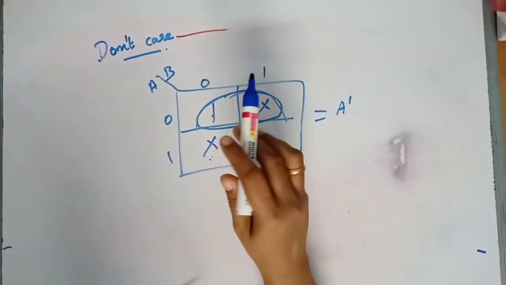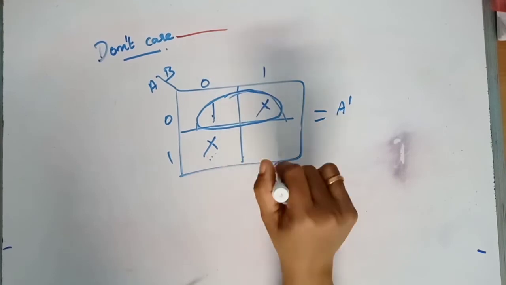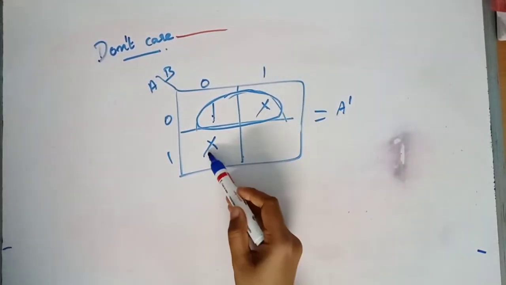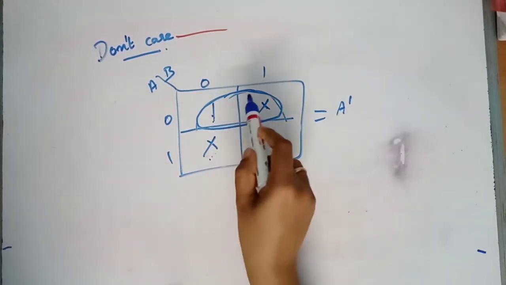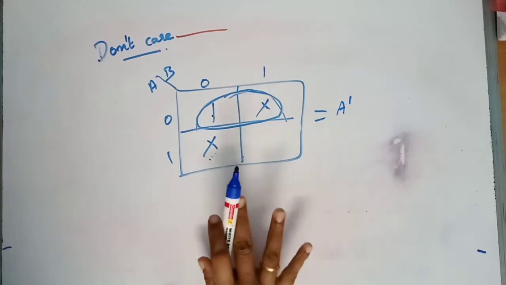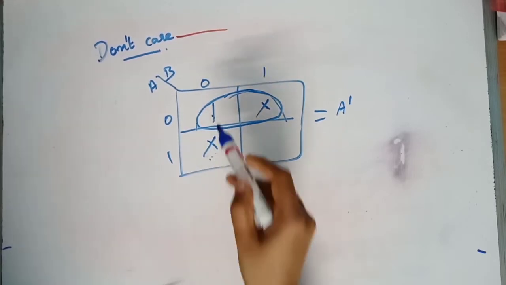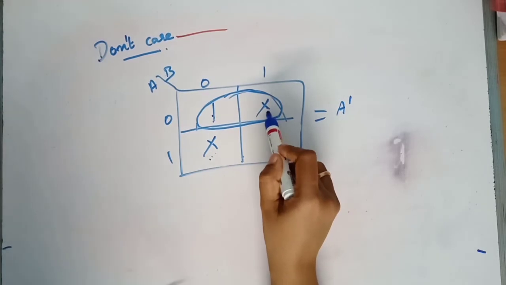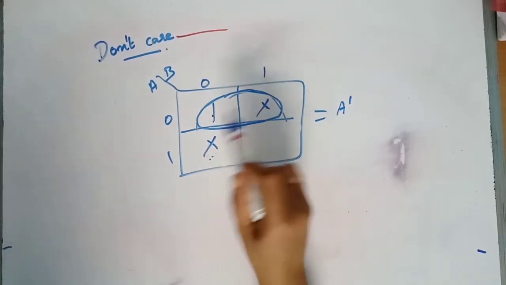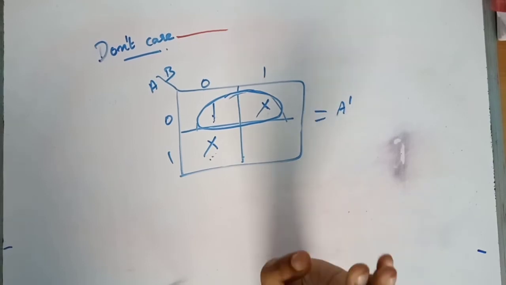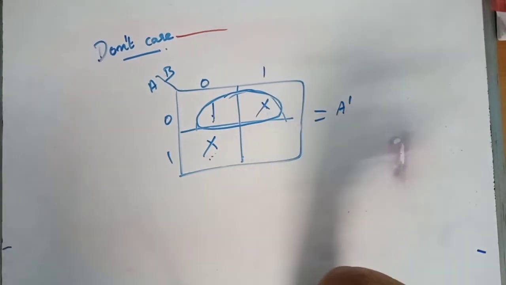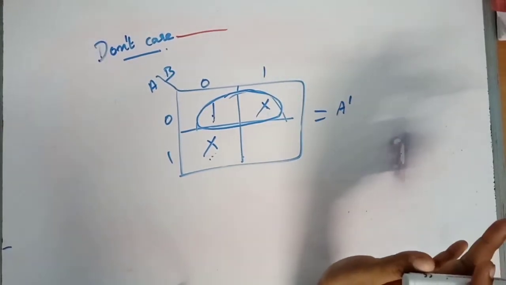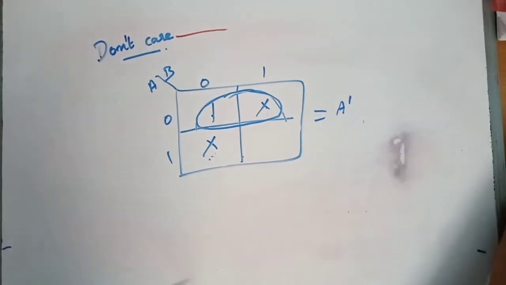There is no rule that all the don't cares should be grouped. There is no such rule. So this don't care is left, we are using only this don't care, because 2 in a group is the best possible way to group this particular question. So this one can be grouped either with this don't care or with this don't care, not with both of them. Okay, it is just one term. It is either A bar or B bar. It is not A bar plus B bar. Okay, so that is what don't care is.